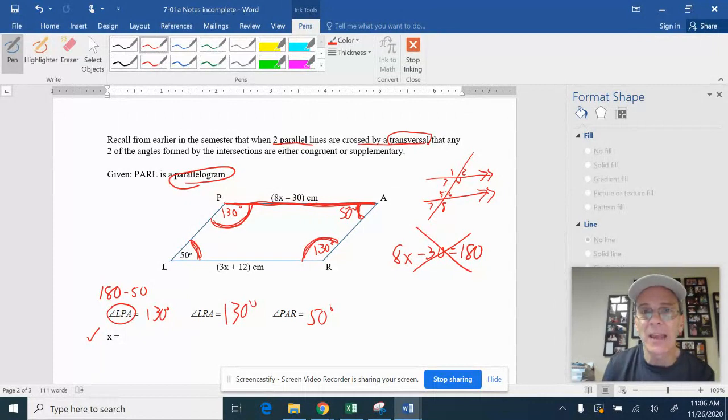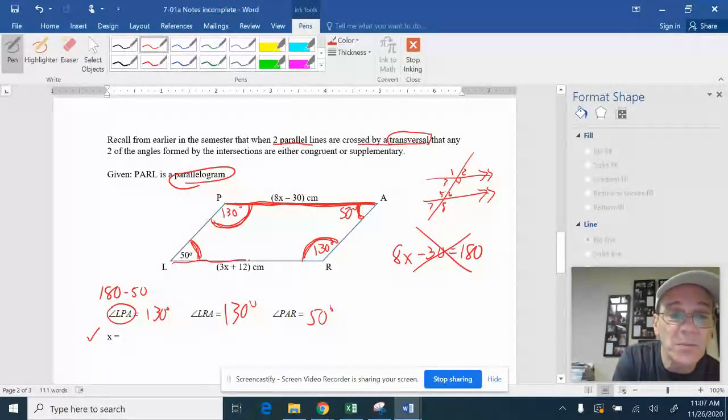And a segment length does not have to be 180, right? A segment length could be anything at all. It could be 20, 50, 8.6, right? It could be anything. I don't know what that 8x minus 30 equals. And neither do I know what this 3x plus 12 equals.